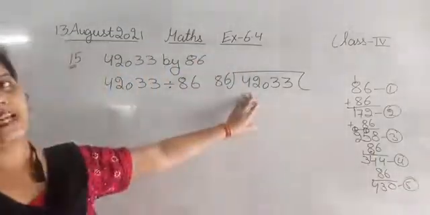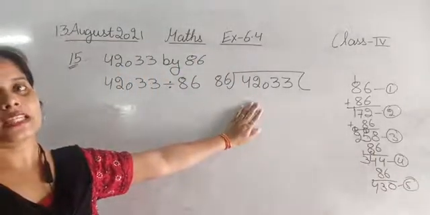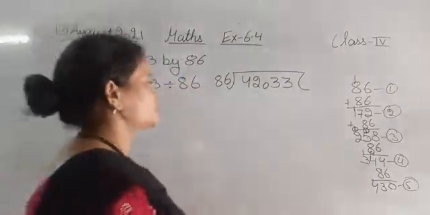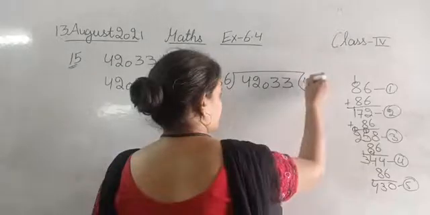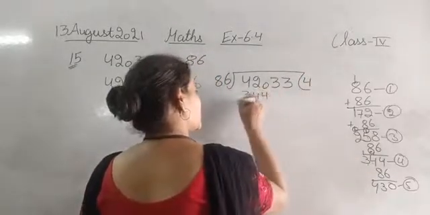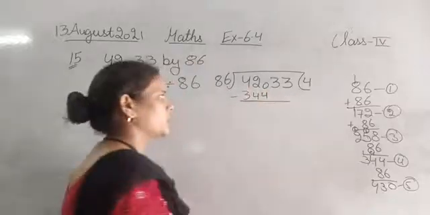But we need 420 or less than 420. So in that case, we will move to 86 fours are 344.